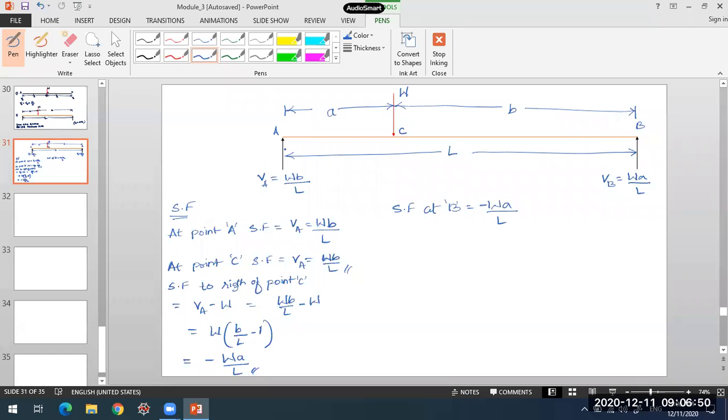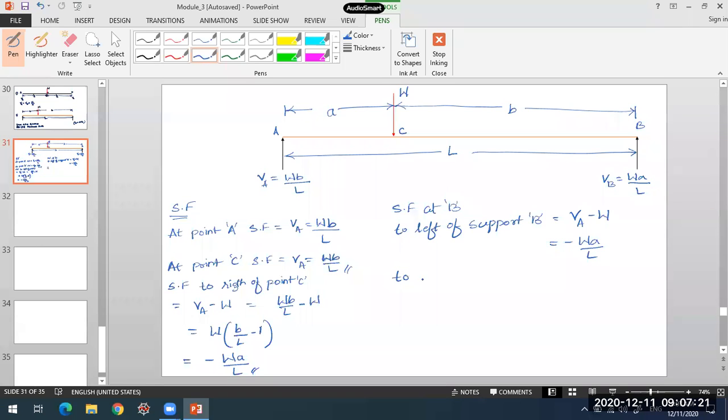On the left side of my section, I have VA and this W. So I can write it, to the left of support B, as VA minus W, which comes out as minus W into A by L.